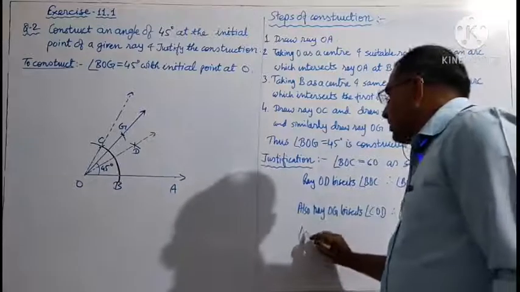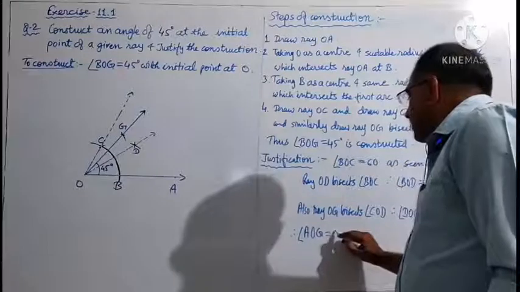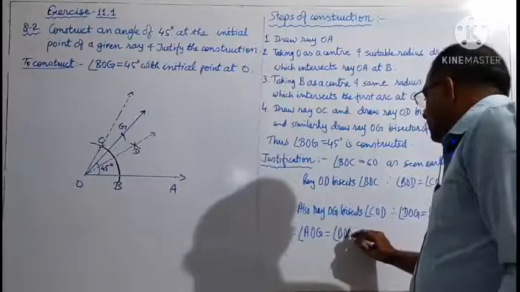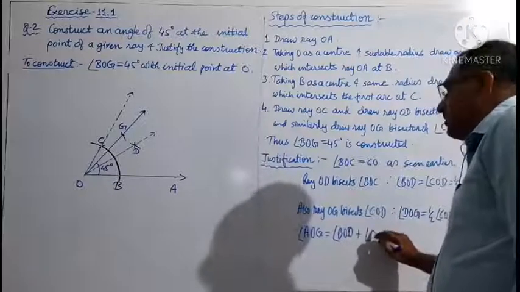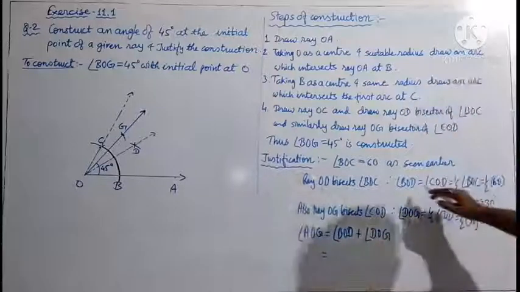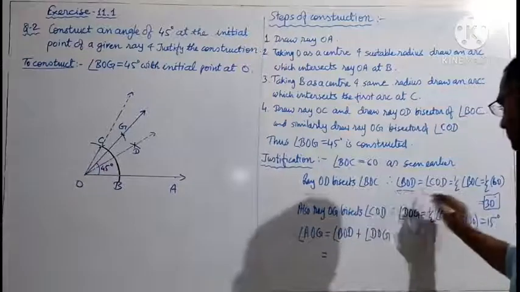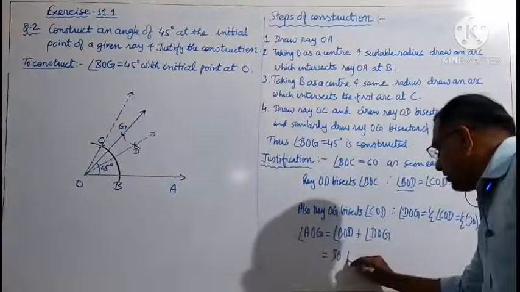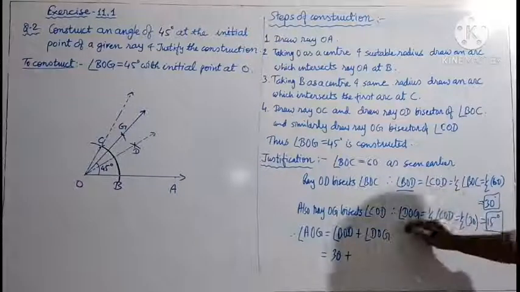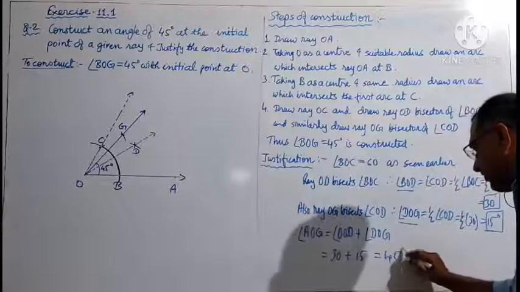Therefore, angle AOG is equal to angle BOD plus angle DOG. Now what is BOD? BOD is equal to 30 degree. Plus here we have seen DOG, it is equal to 15 degree, and that is equal to 45 degree.